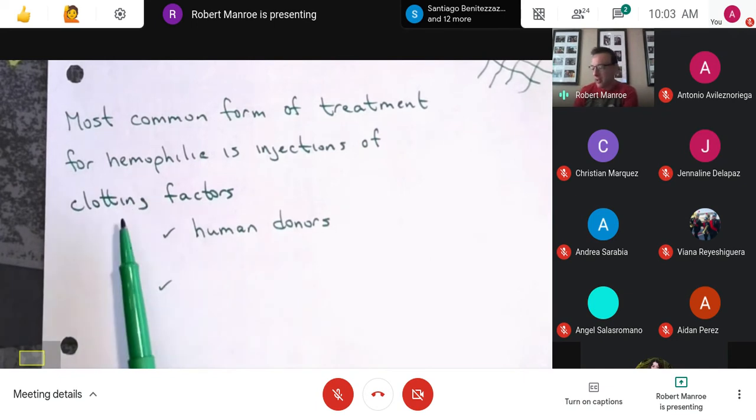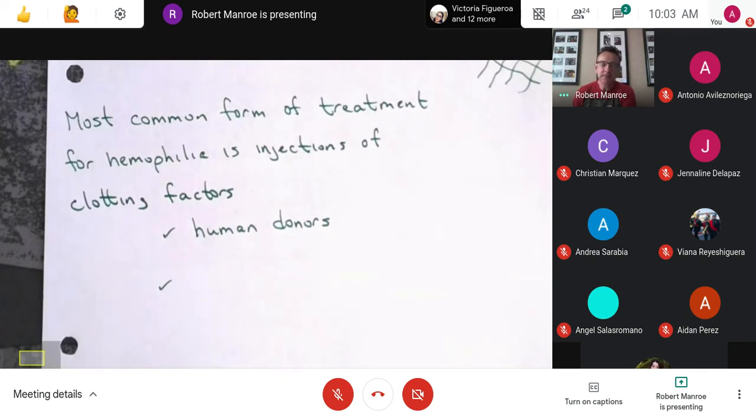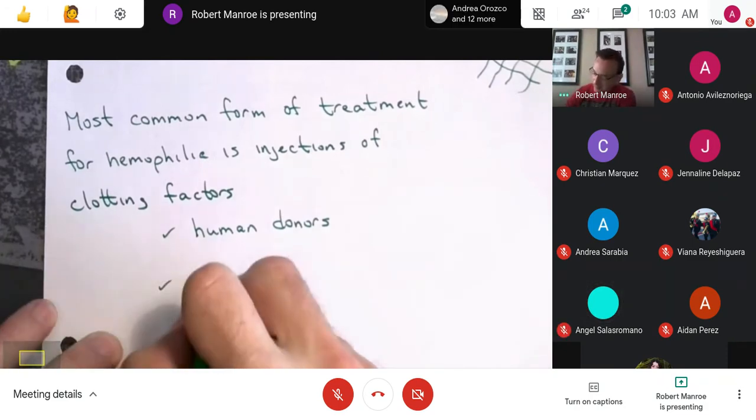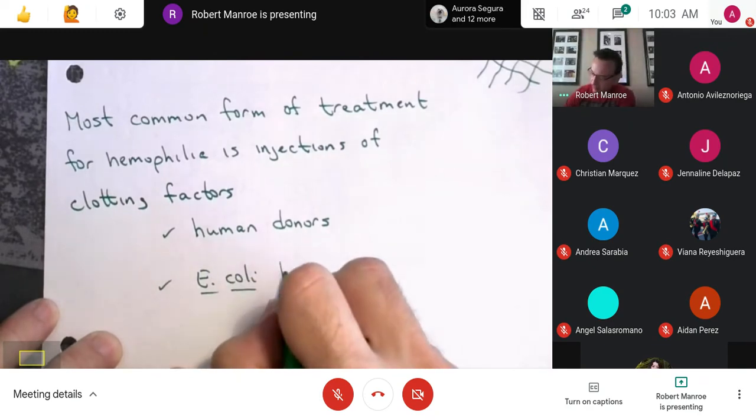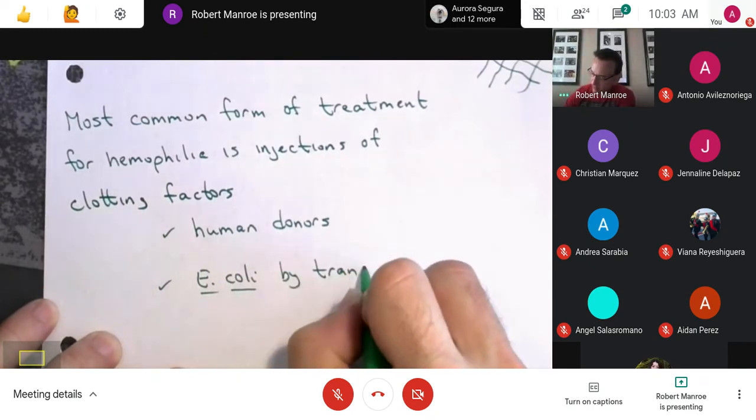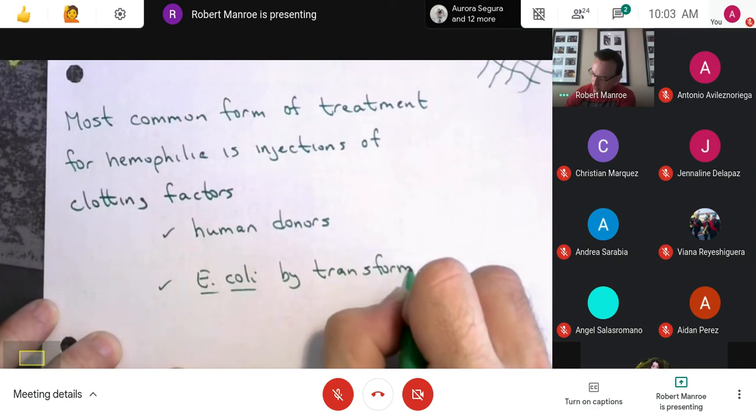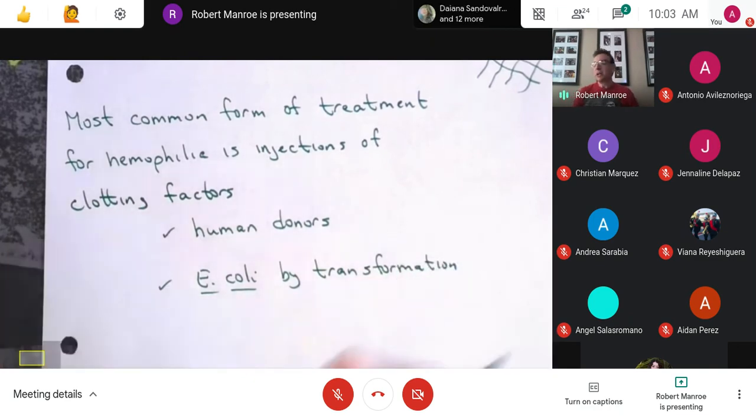Or, since these clotting factors are proteins, where else can we get human proteins besides human donors? GMOs. Yep. From good old E. coli by transformation. So when I stood up and jumped up and down and said, not all GMOs are bad, you can't ban all GMOs, you'll kill all of the diabetics, it's really, really serious.